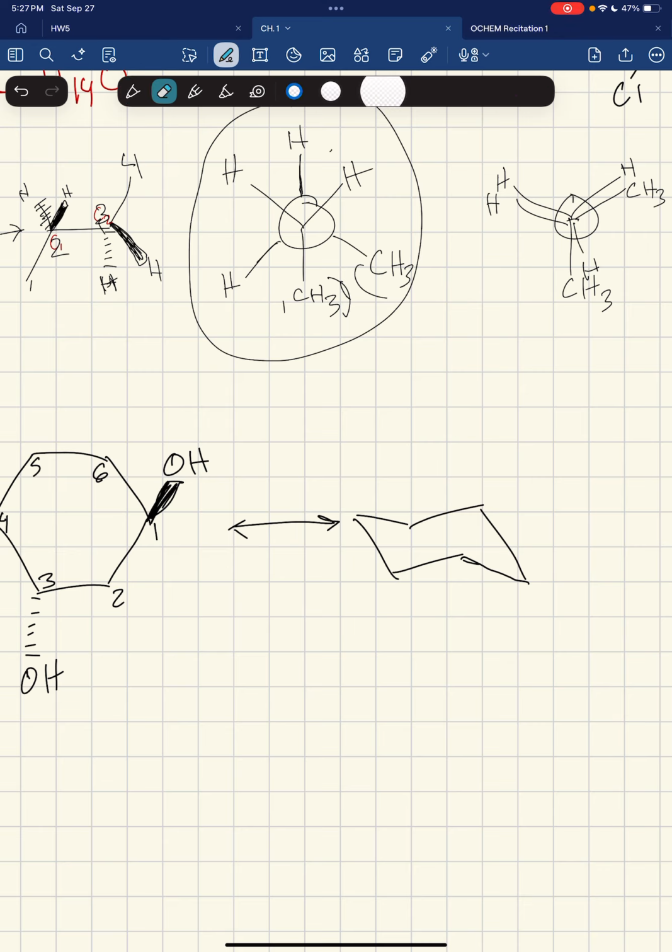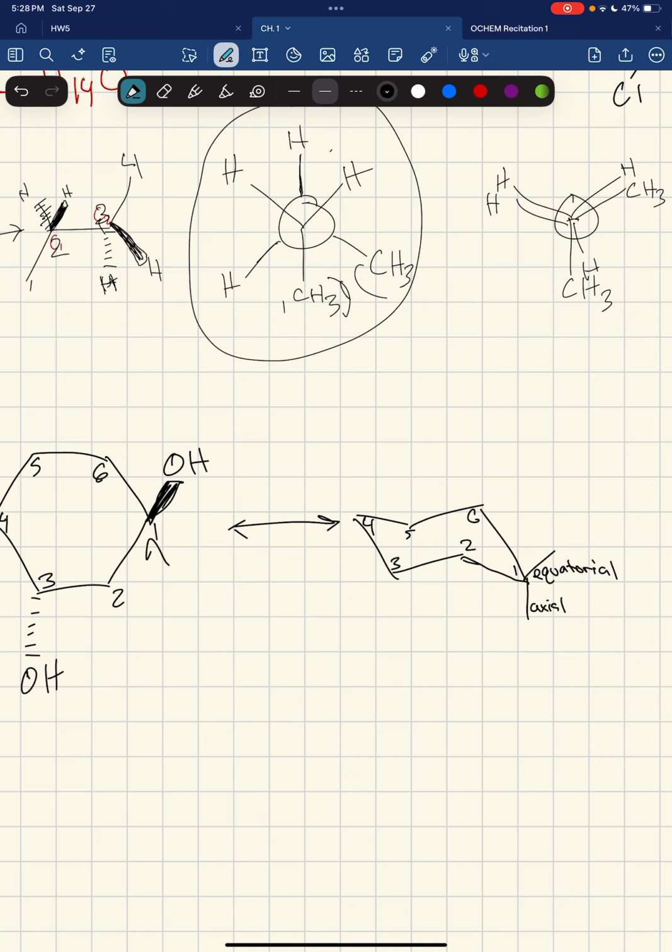So now you can draw the substituents, where you know this one is facing up, that is axial, this is here. This is equatorial. And try to practice those angles. They're pretty difficult. I still don't get them right. And I label the carbons 1, 2, 3, 4, 5, 6.